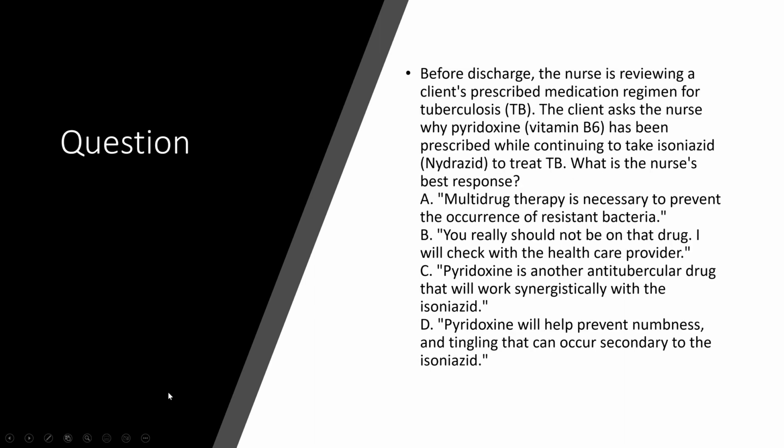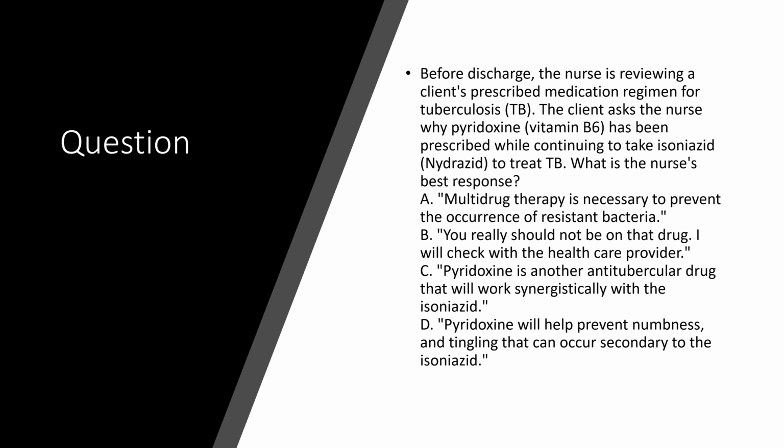Reye's syndrome. Before discharge, the nurse is reviewing a client's prescription medication regimen for tuberculosis. The client asks the nurse when or why pyridoxine, vitamin B6, has been prescribed while continuing to take isoniazid to treat TB. What would be the nurse's best response?